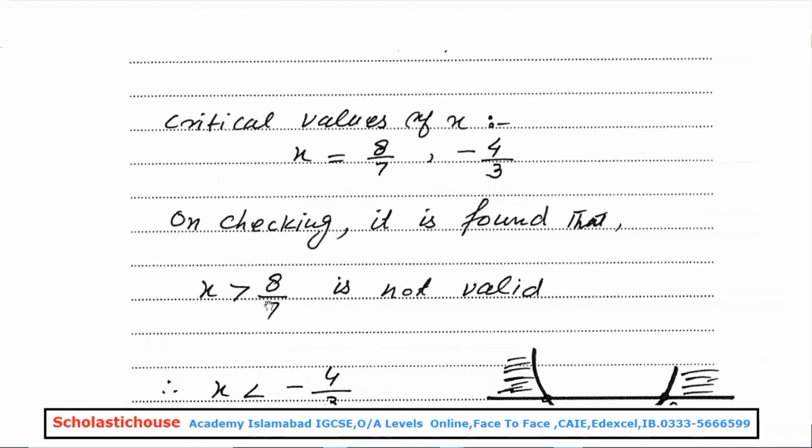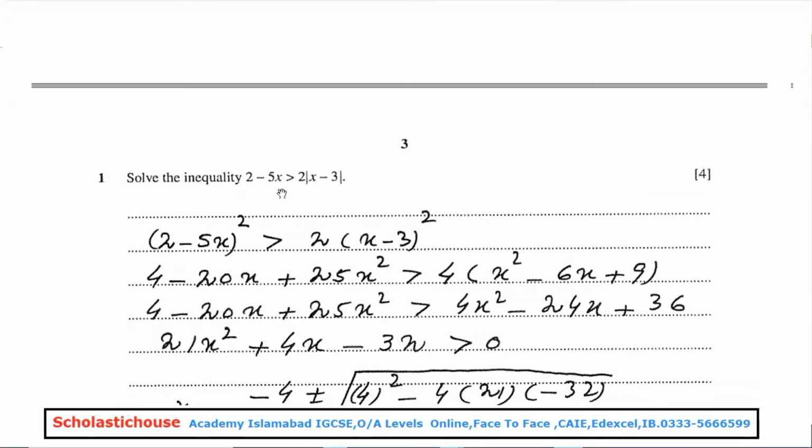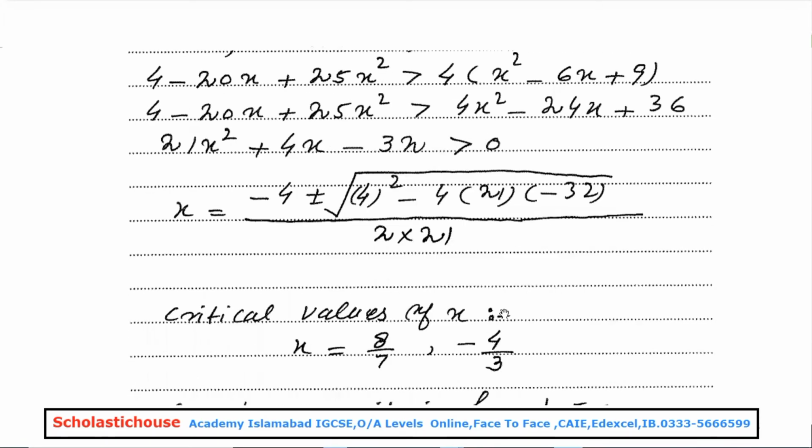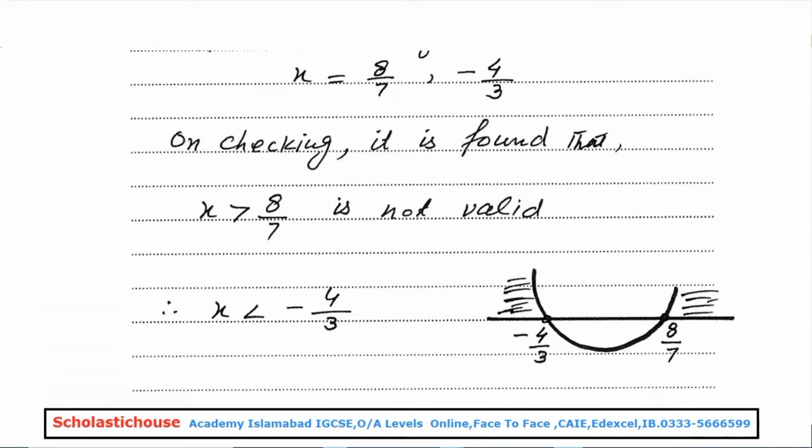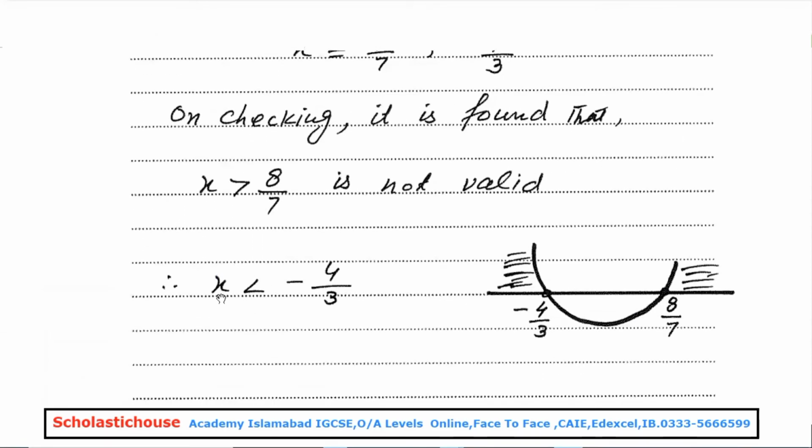For x greater than 8 over 7, you can select any value greater than 8 over 7 and put it in the original question. It does not give a true value, so you can reject this value. So only one answer is true, that is x less than minus 4 over 3.